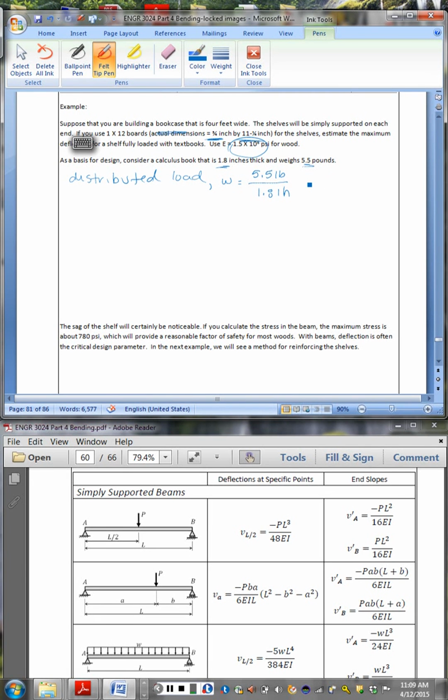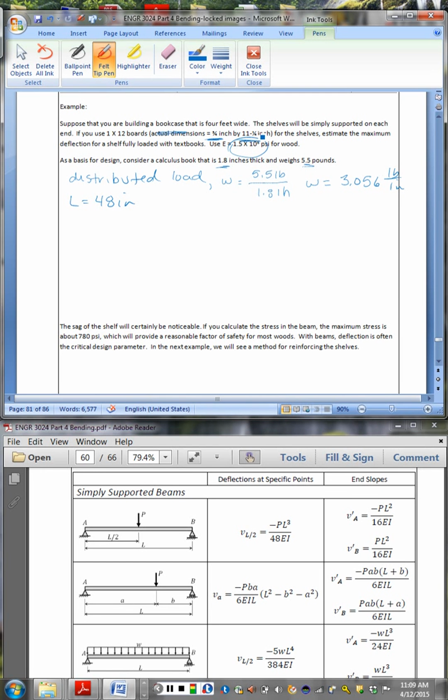So our W ends up being 3.056 pounds per inch. We know that the overall length of the beam is 48 inches.